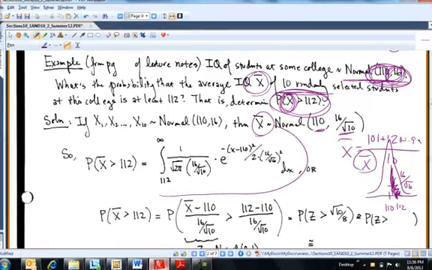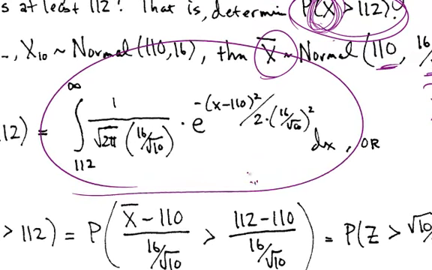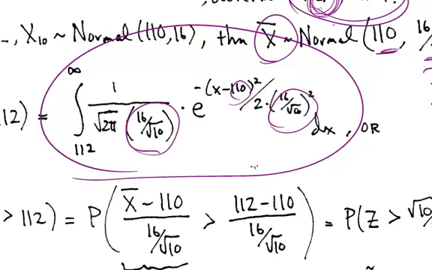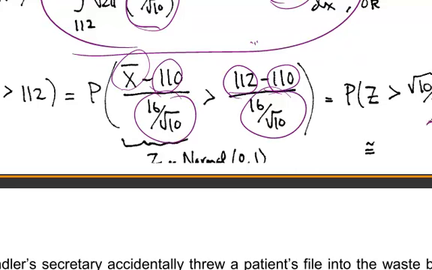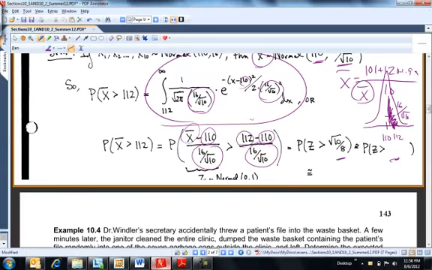You can see right here, I'm going to use Maple and do an integration: 1 over square root of 2 pi times e to the minus z squared over 2, where z is x minus mu over sigma. So what we've been doing before: I take x bar, subtract off its mean, divide by the standard deviation. So here's 112, subtract off the mean, divide by the standard deviation. I get a number, I go to my z table.